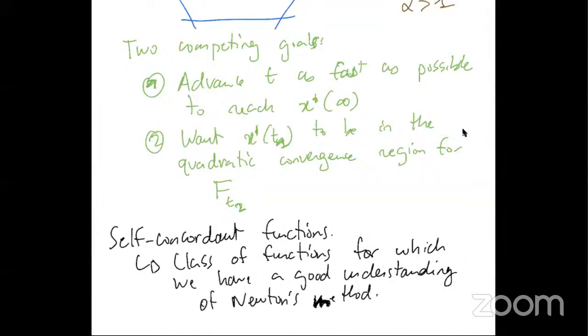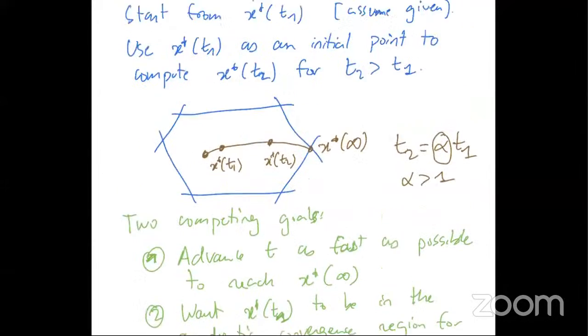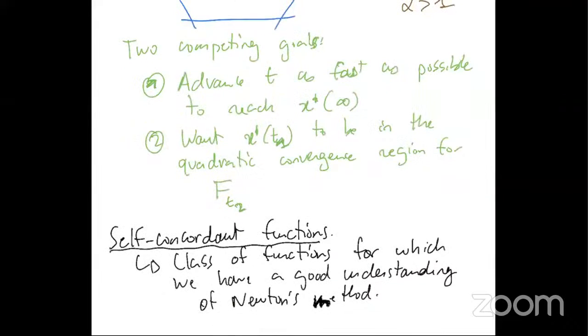There are also specialized results on Newton's method that I do not know all of, but I hope that helps. Self-concordant functions cover in particular this function, minus the sum of log of bi minus ai transpose x. These are all self-concordant functions.